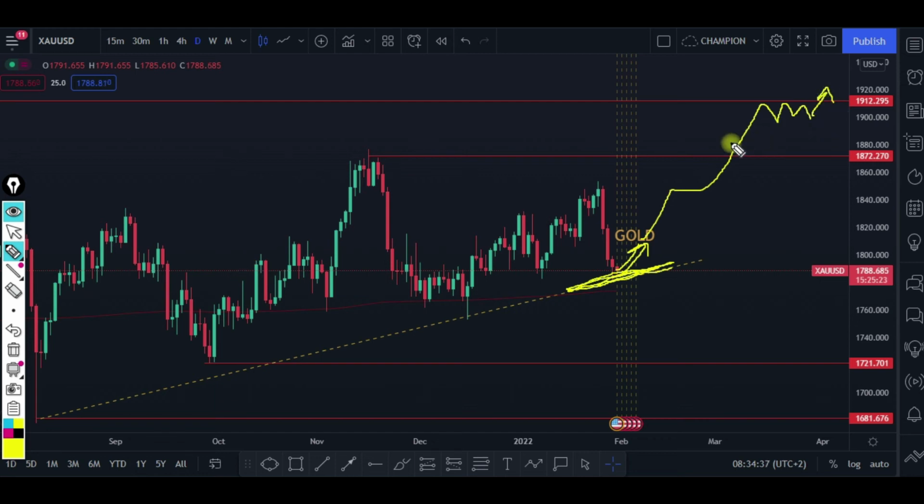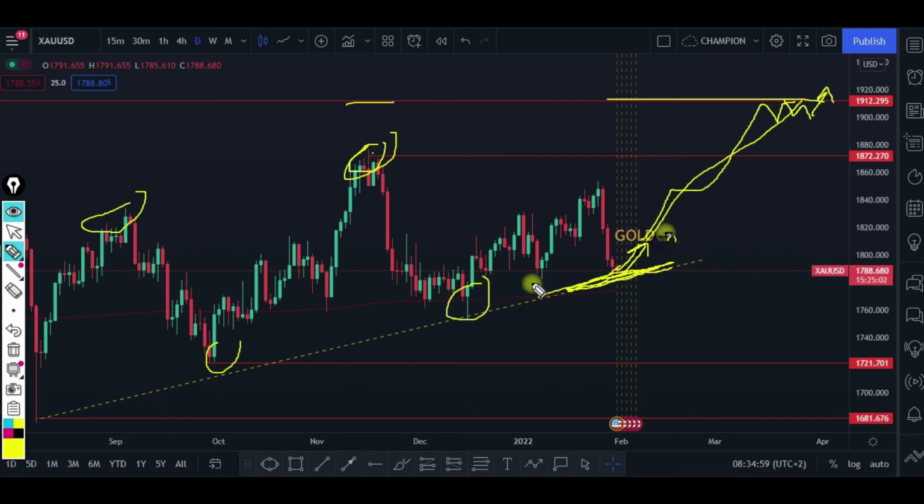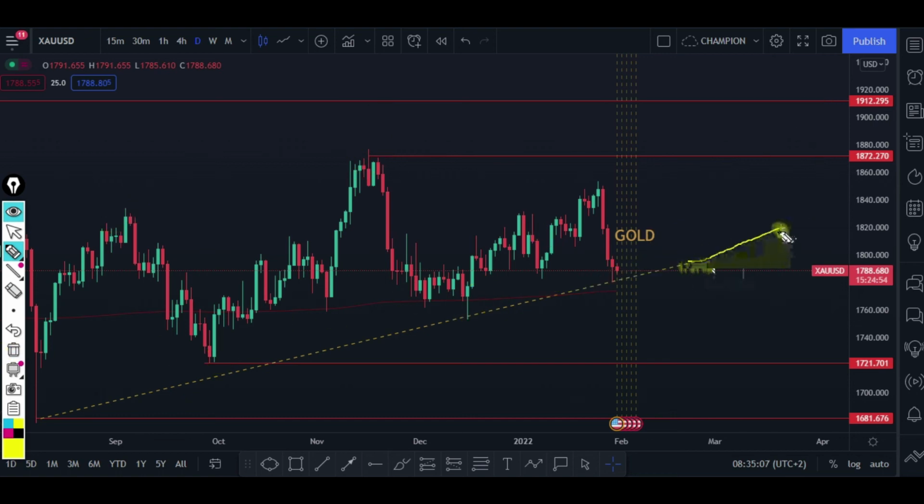Since we have these higher highs, the market can respect the area here to give us the new higher high. Because this is higher high, higher low, it will show us it's on the uptrend.